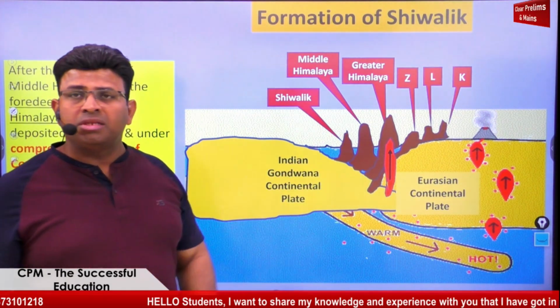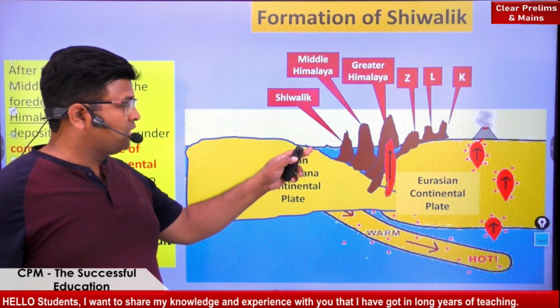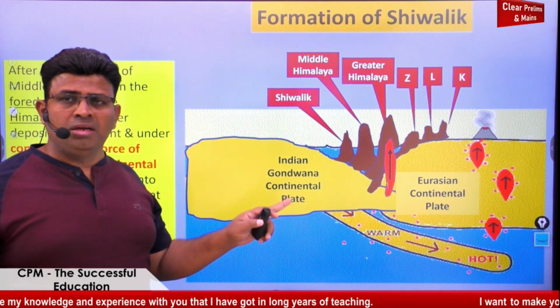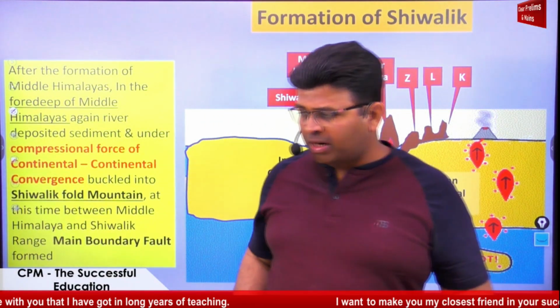Yes, tell me. Shivalik. And then after the formation of the Shivalik range, again in front of the Shivalik there is a small foredip. And in this foredip, what happened?